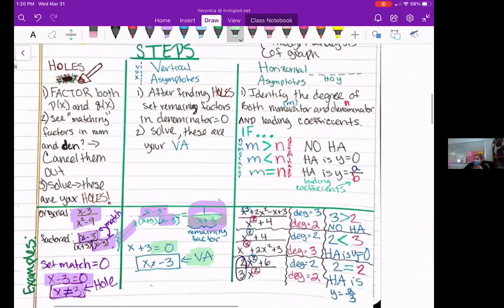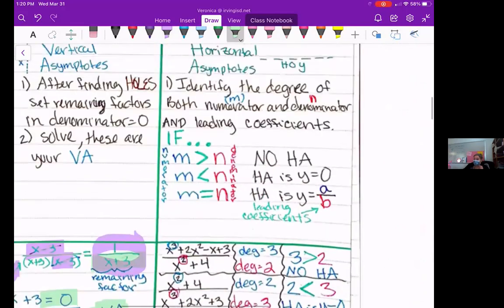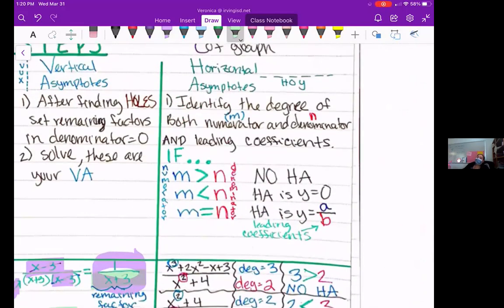Then the last key feature that we talk about here is the horizontal asymptote. Okay, well, what are these? Now, this is the one that's a little annoying because it has different cases, okay? So right here, the first thing you need to be able to do is identify the degree of the numerator and the degree of the denominator and the leading coefficients. I wrote numerator on the left and denominator on the right.